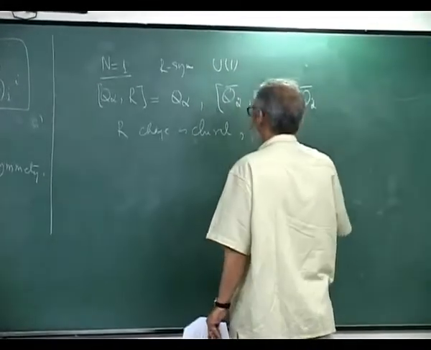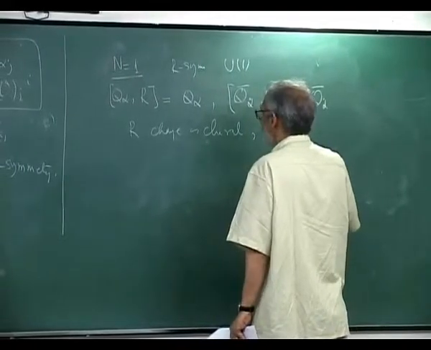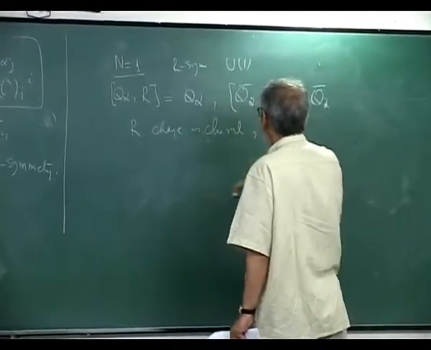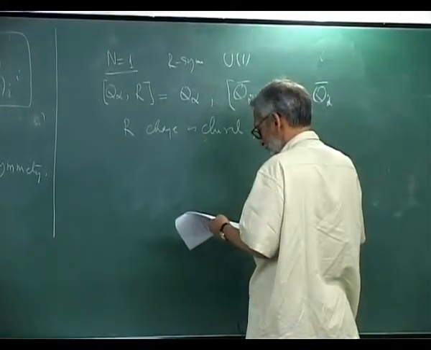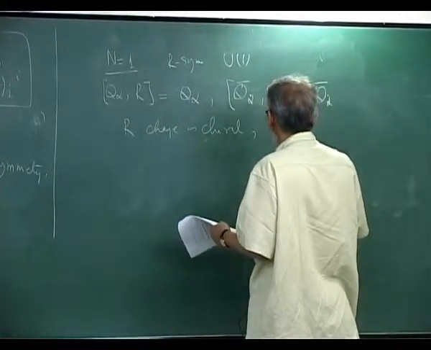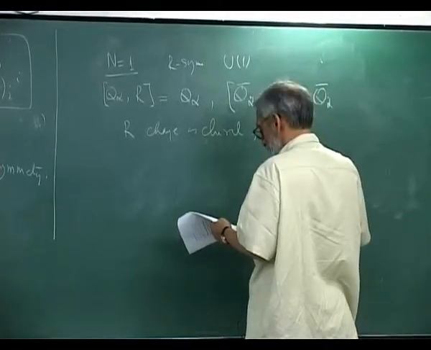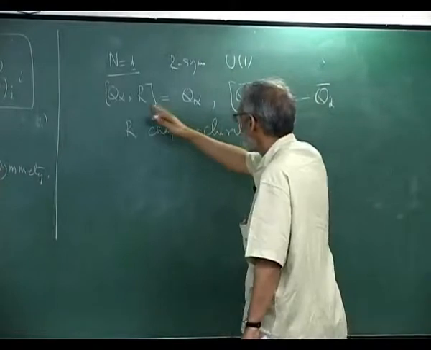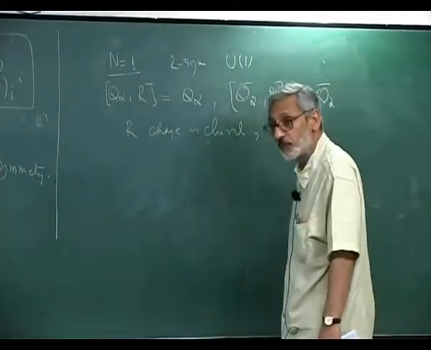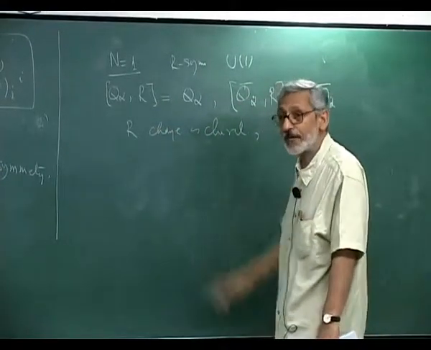And this tells us that chiral means it distinguishes left and right, which means it distinguishes parity.